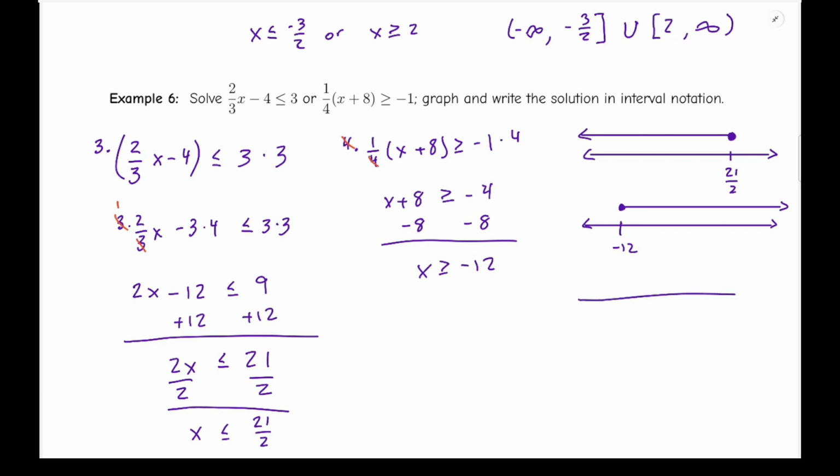And now we want to combine those together. Well, we actually just get this graph. If I smush those two lines together, they are going to overlap, but then I'm going to get arrows going in two directions. So our answer is going to be negative infinity to infinity, or all real numbers.